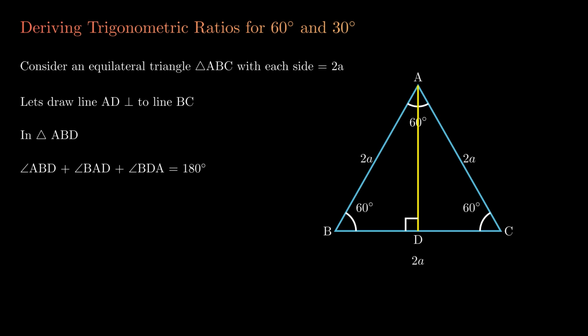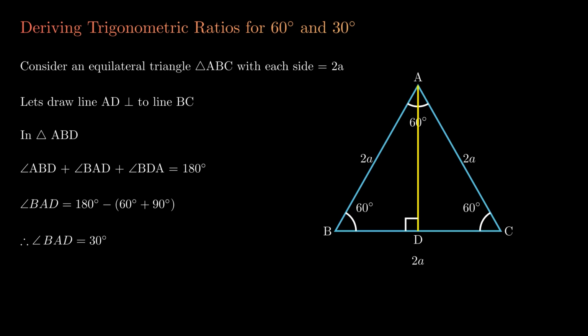We know angle ABD is equal to 60 degree and angle BDA is equal to 90 degree because the line AD is perpendicular to BC. By using this information, we can calculate angle BAD, which is equal to 180 degree minus 60 degree plus 90 degree. So using this and just doing simplification, we get angle BAD is equal to 30 degree.